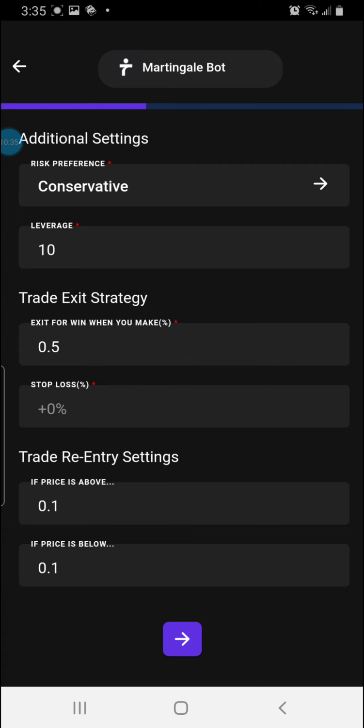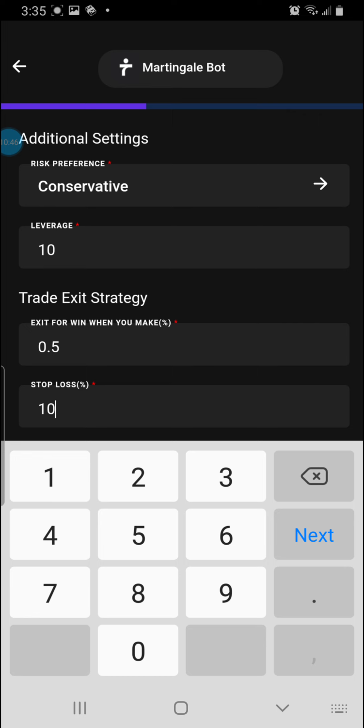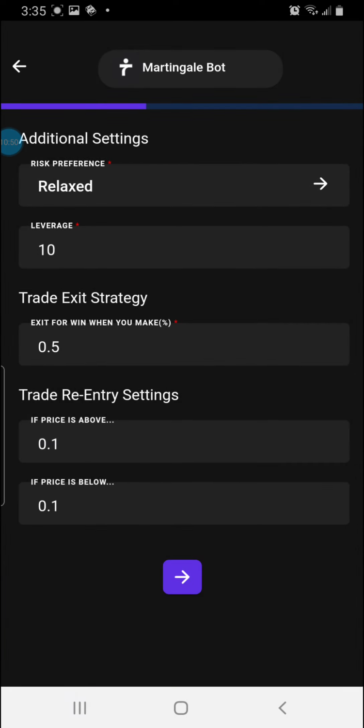If I'm picking conservative with stop loss, I can decide what my stop loss will be. You can see here your stop loss comes up. I can decide maybe 10% stop loss. If you don't want stop loss, you choose relax and you see that your stop loss is taken away. Your choice. You can choose either way.